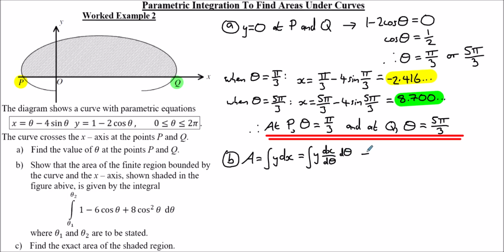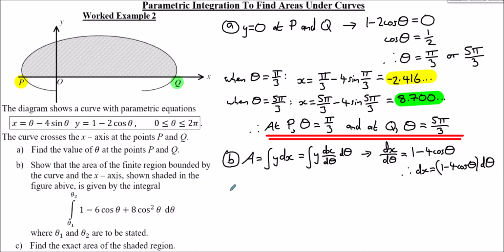And so dx by d theta, well, x is theta minus 4 sine theta. So differentiate that with respect to theta. Theta differentiates just to 1. 4 sine theta will differentiate to 4 cosine theta. So we get 1 minus 4 cos theta. So therefore, dx is going to be 1 minus 4 cosine theta integrated with respect to theta.